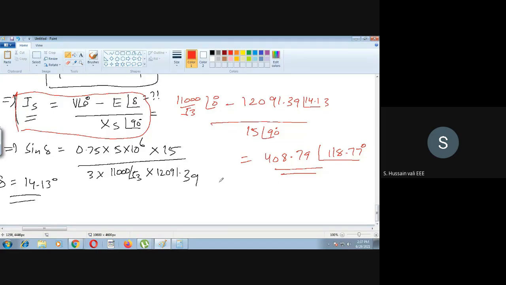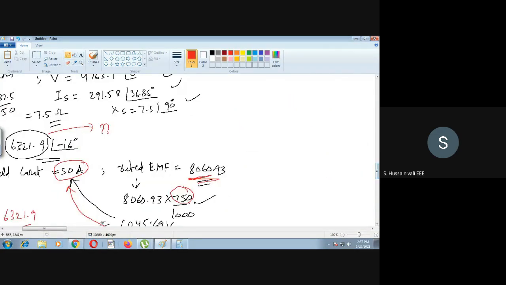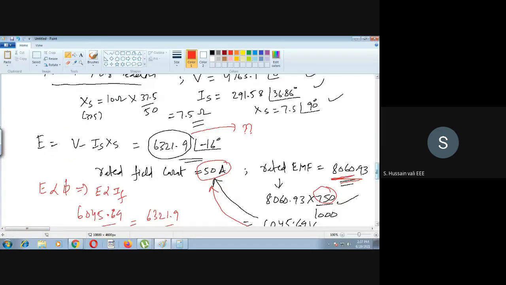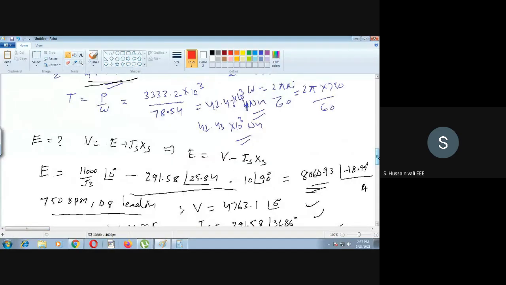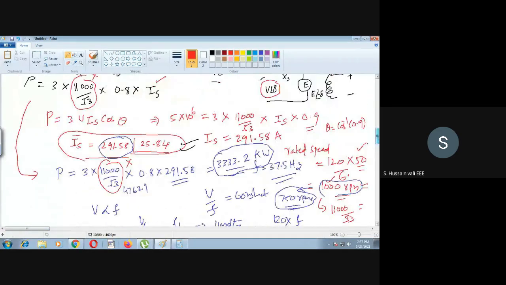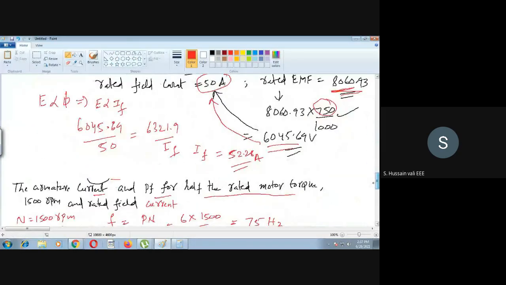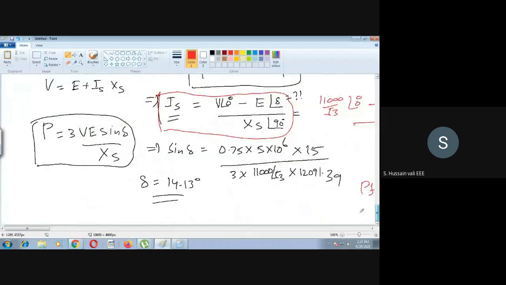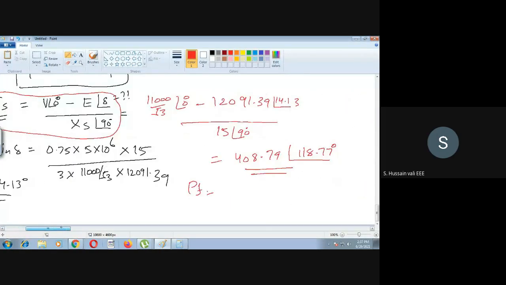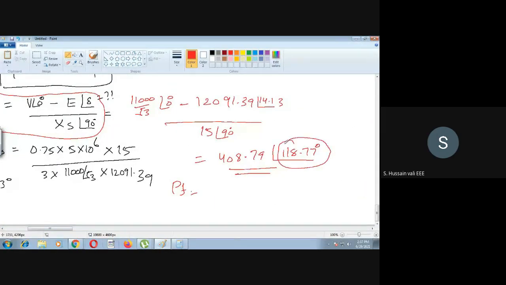Then the next question is what is the power factor. How to find the power factor? You got the value of IS here. So VS minus IS, then cos of 118.77.